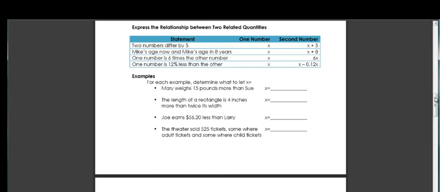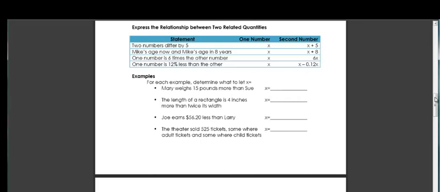The next example says the length of a rectangle is 4 inches more than twice its width. So what would be our x in this case? It would be our width because we're going to take 2 times our width and then add 4 inches, and that'll give us our length.